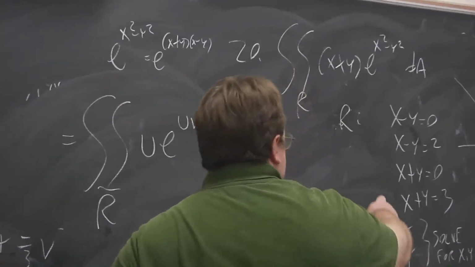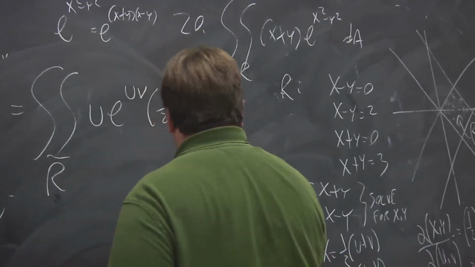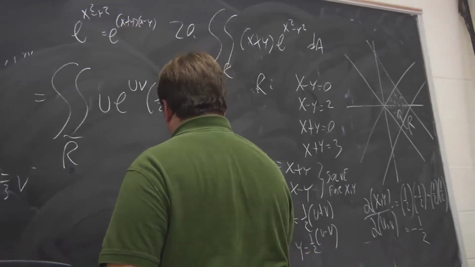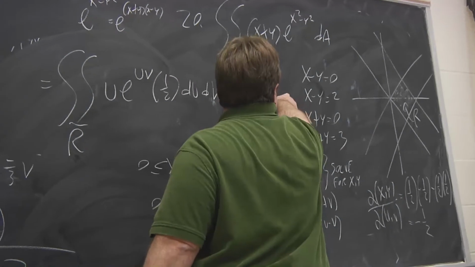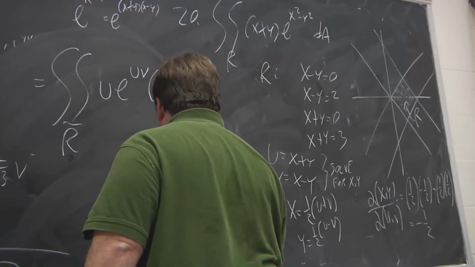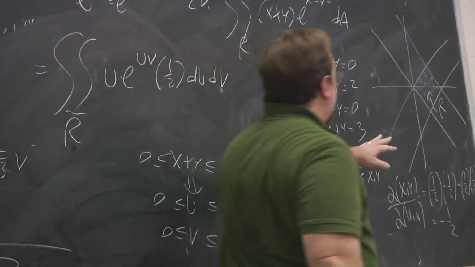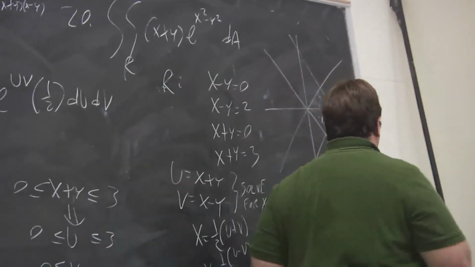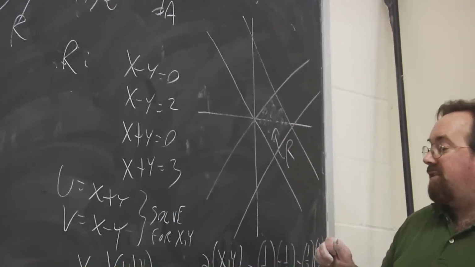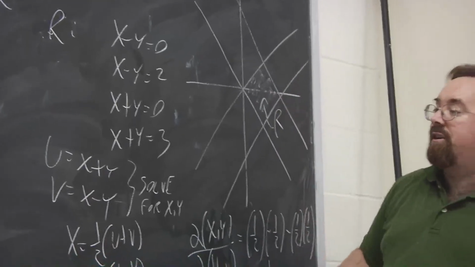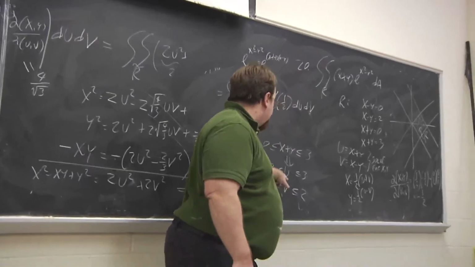Well, here we have x plus y is between 0 and 3. So that means that u is between 0 and 3. Similarly, x minus y goes from 0 to 2. So v runs between 0 and 2. So really what we've done is taken this rectangle and rotated it 45 degrees in order to get constant limits on u and v.